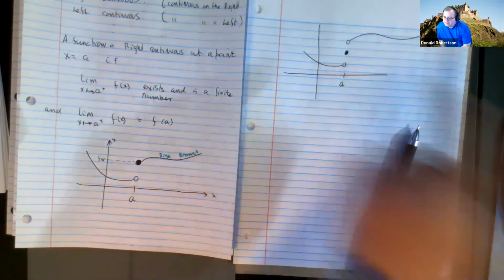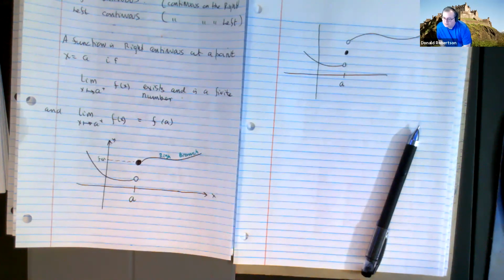This function is not right continuous at x equals a. What's the problem?